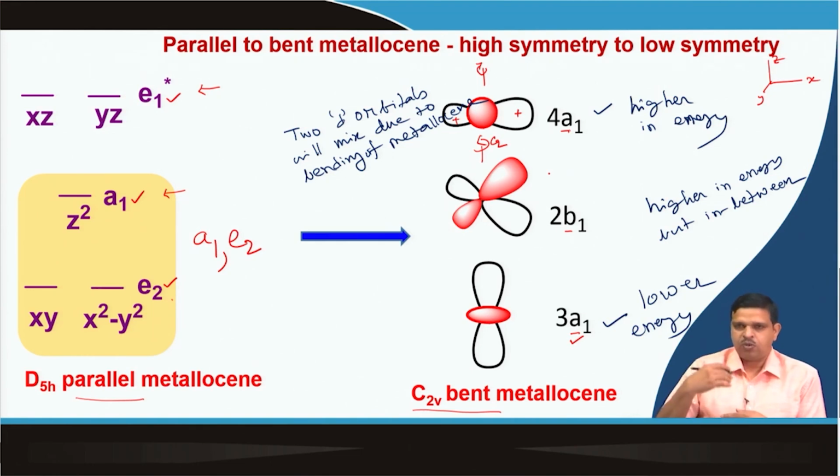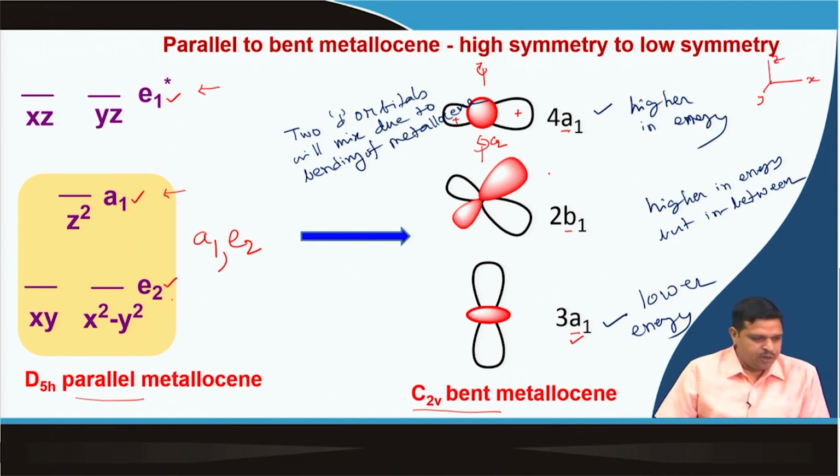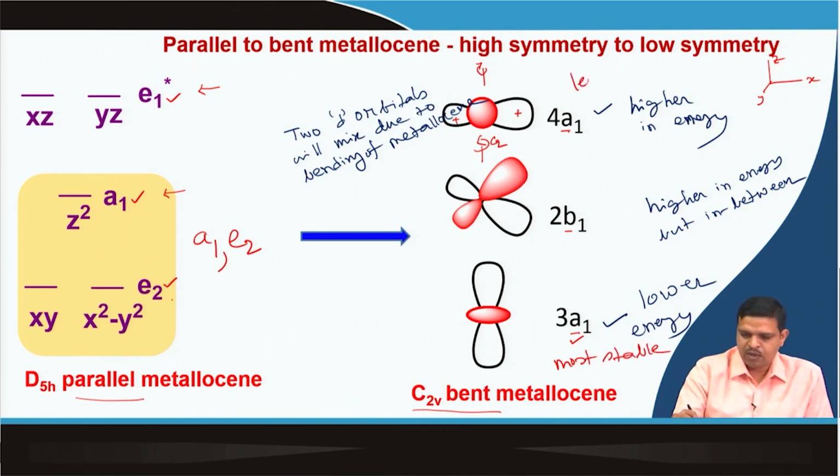So, it will also gain in energy, but not as much as 4A1. So, 2B1 will be in between 4A1 and 3A1. 3A1 is the most stable among these 3 orbitals, and 4A1 is the least stable.